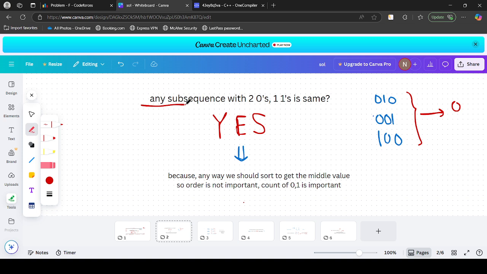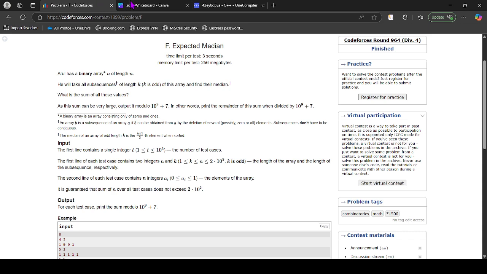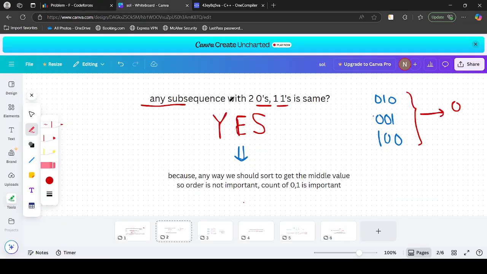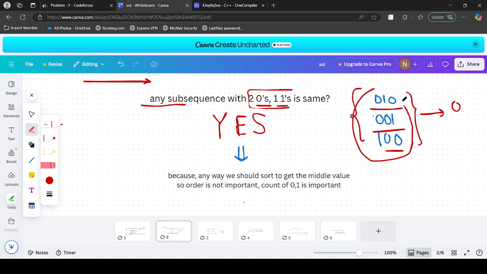Let's assume that there are some zeros and ones in the given array. Are any subsequences with the same counts of each the same? For example, there is a big string and we found the subsequences 0 1 0, 0 0 1 and 1 0 0, with two zeros and one 1. Are all these same or different?